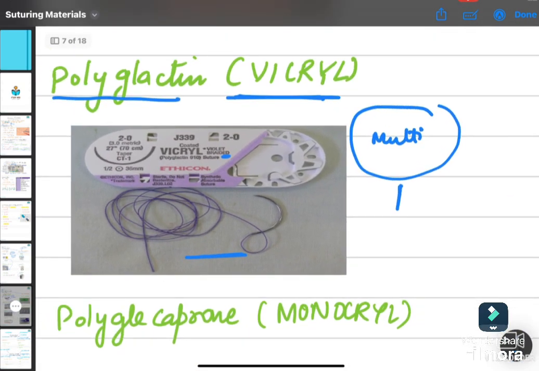Now again the needle parameters are mentioned here. This is the shape of the suturing needle. This is the Vicryl composition, polyglactin. You can see this is the manufacturer, and these are the suture material details. It is a synthetic and absorbable suture.